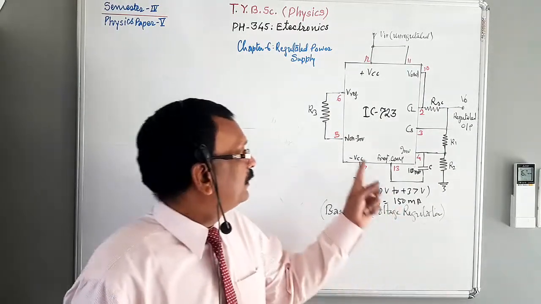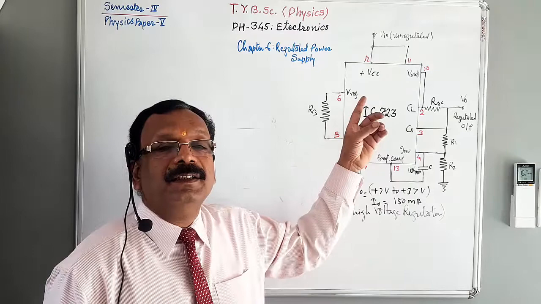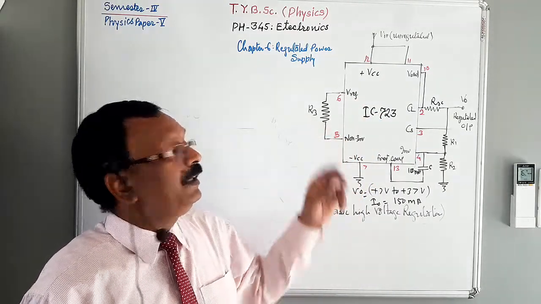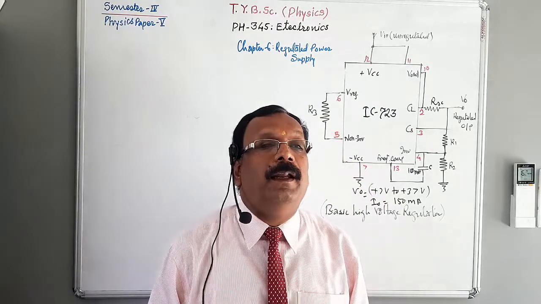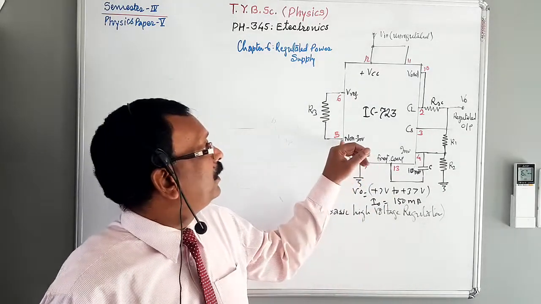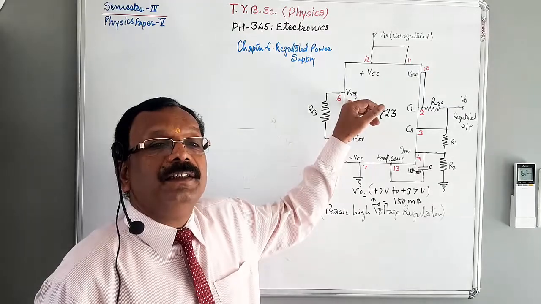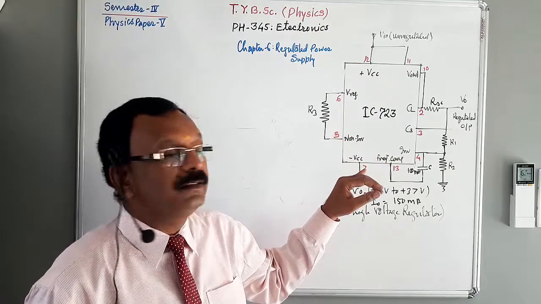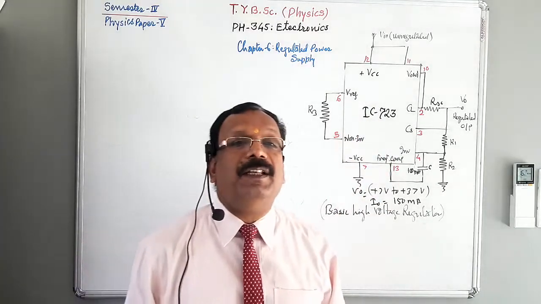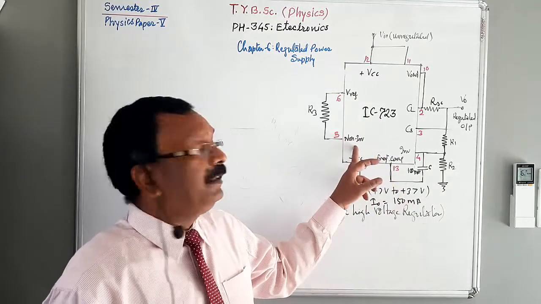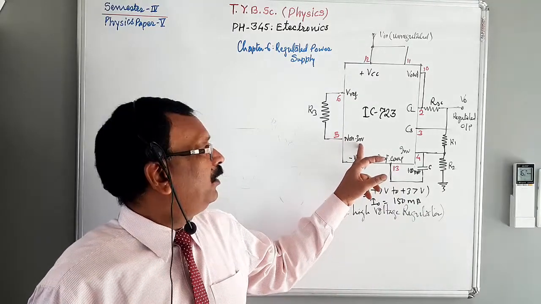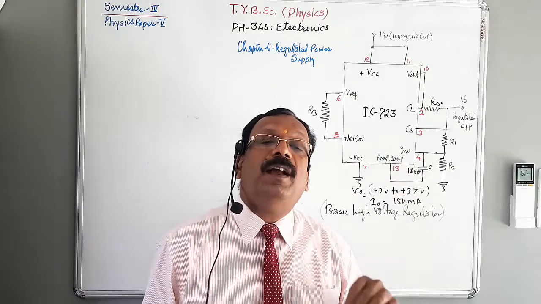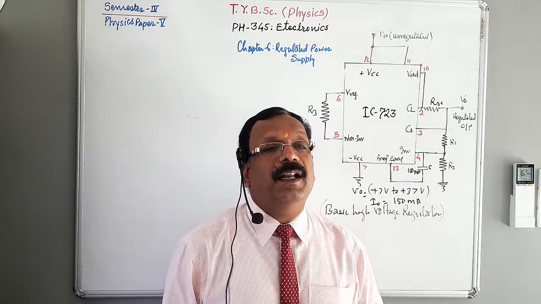Here also the reference voltage from pin number 6 is directly connected through resistor R3 to the non-inverting terminal, that is pin number 5 of IC 723. This pin 5 is connected to the non-inverting terminal of the high gain error amplifier.